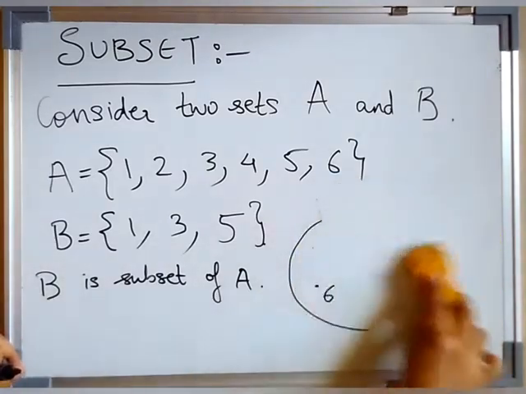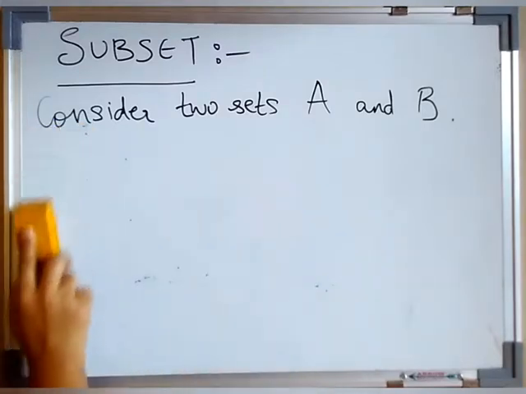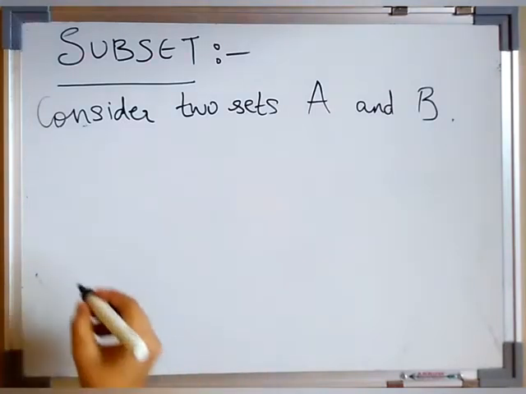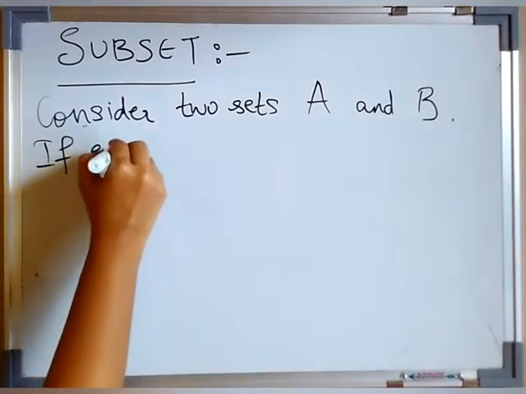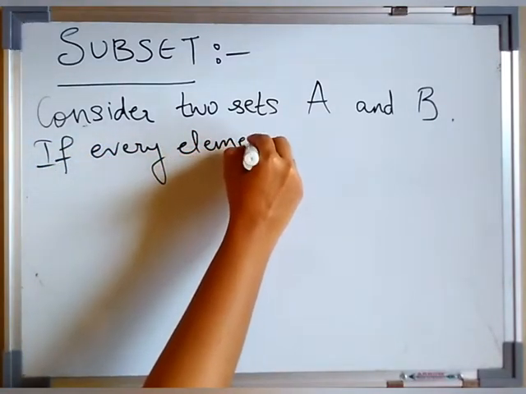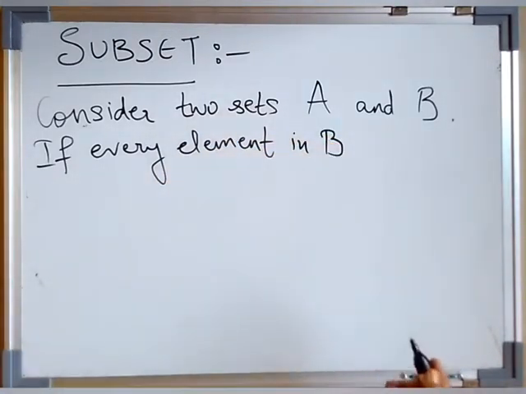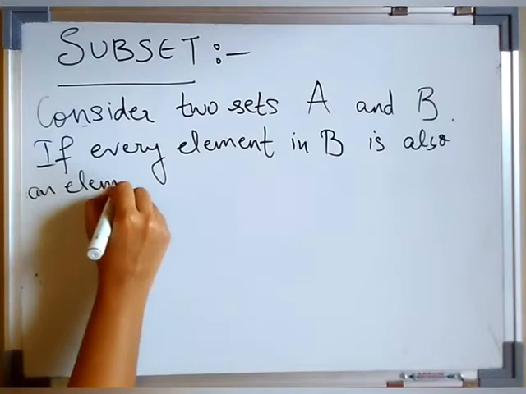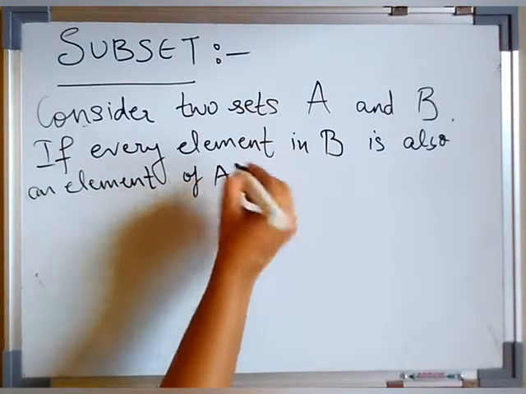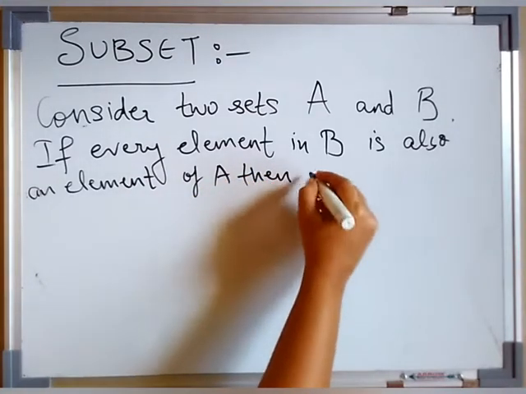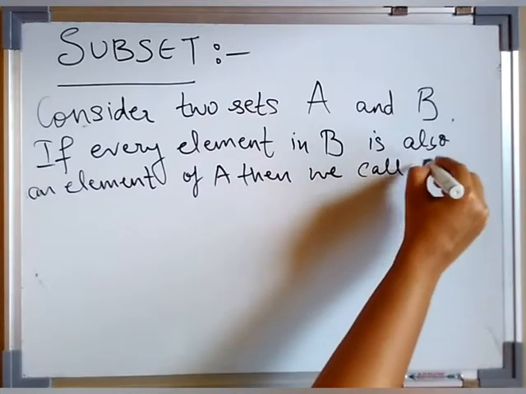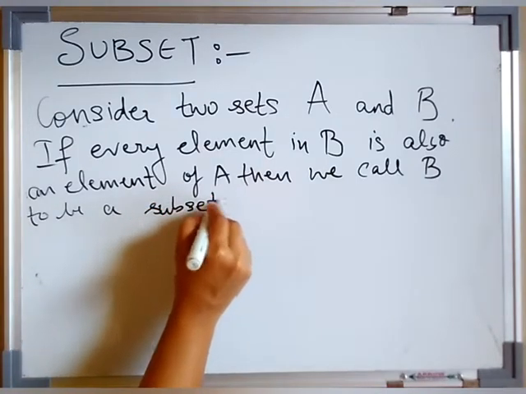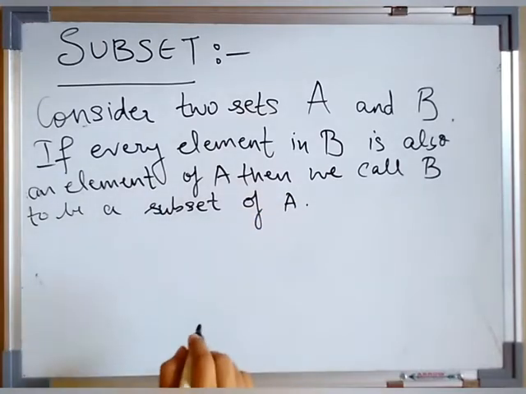So we will write the formal definition now. I hope you understood the concept. Consider two sets A and B. If every element in B is also an element of A, then we call B a subset of A. And how do we denote it?